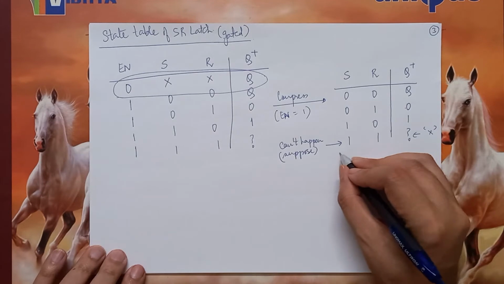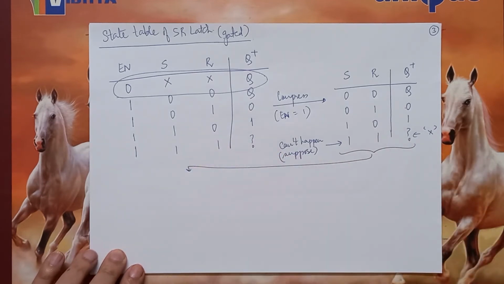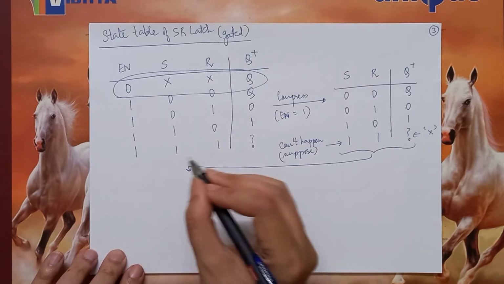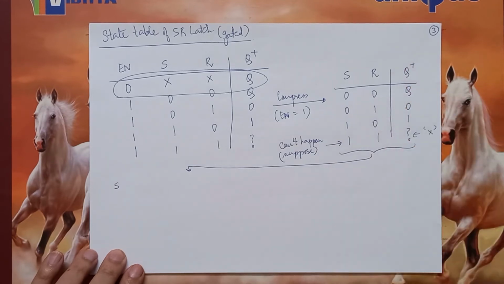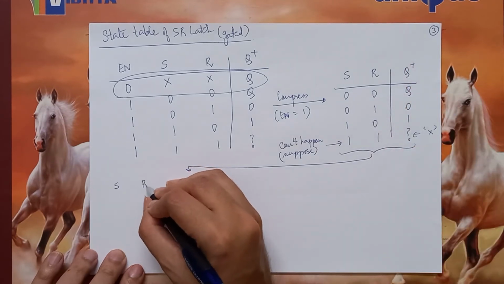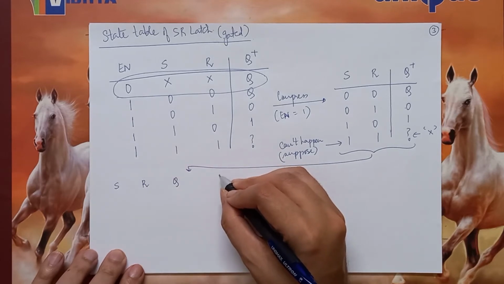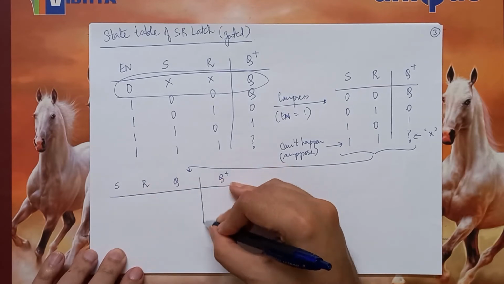This state table we can then represent in a more detailed fashion. Let us say the next state is a function of the present state also. So let's consider the present state as an input variable and try to establish the next state as a function of these 3.